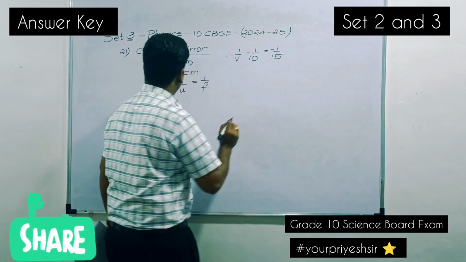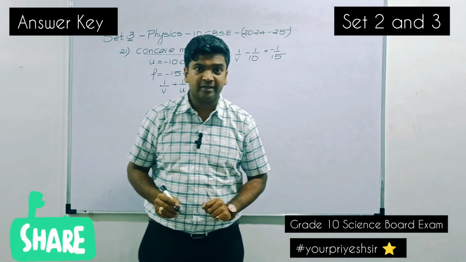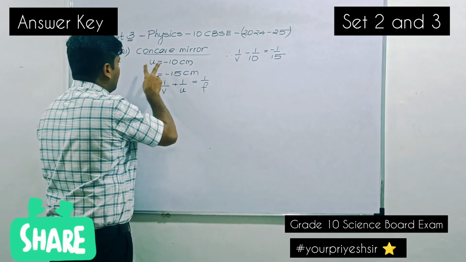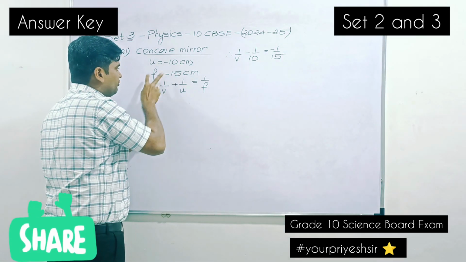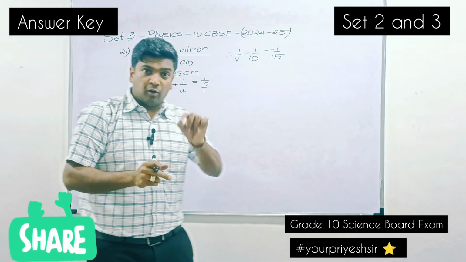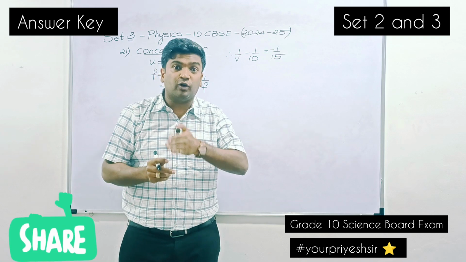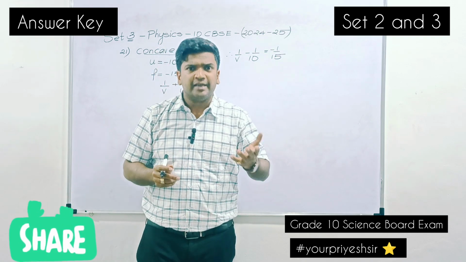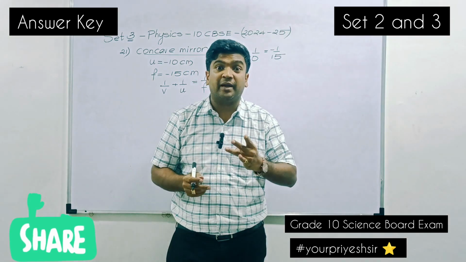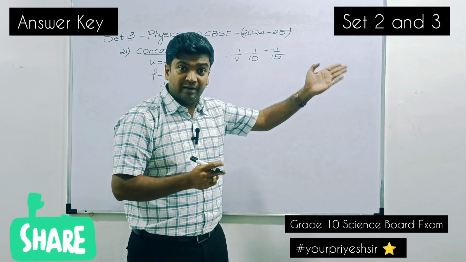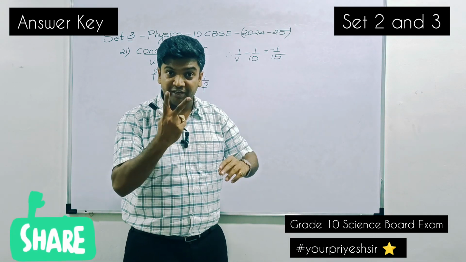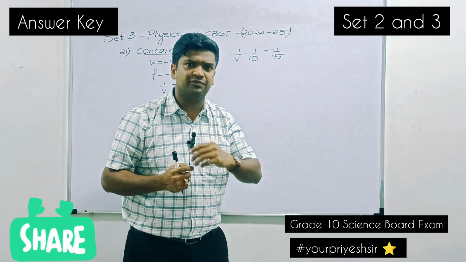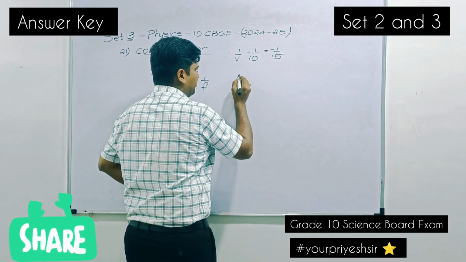Now children, one thing: you may think the object distance is 10 and the focal length is 15, meaning the object is placed within the focal length of the concave mirror. So yes, it will give you a virtual, erect and magnified image on the other side, behind the mirror. So the v that comes has to be what? Positive.